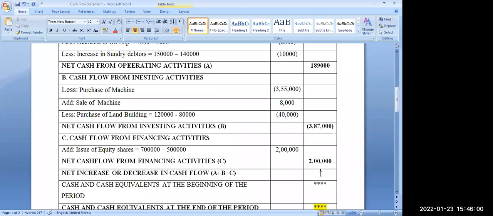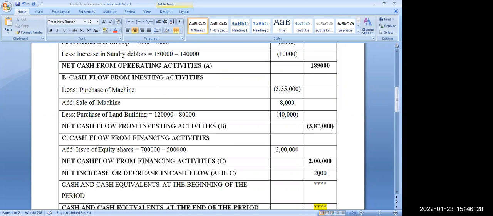It is 2,000 rupees. Plus or minus? Plus. What is that called? Net increase or decrease in cash flow of all three activities.